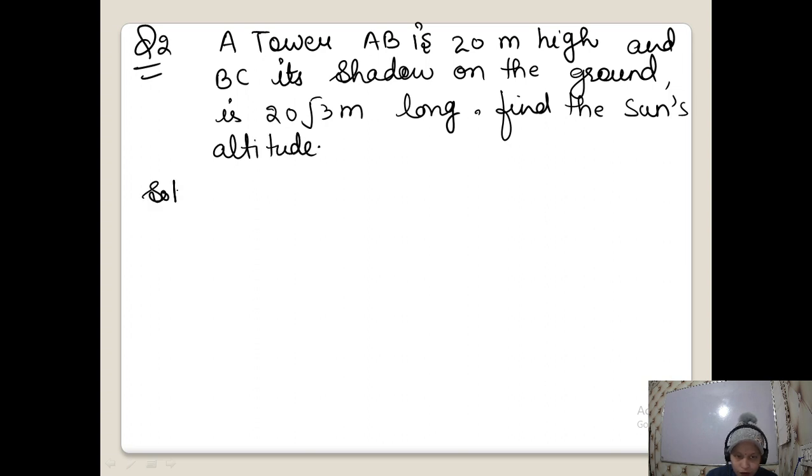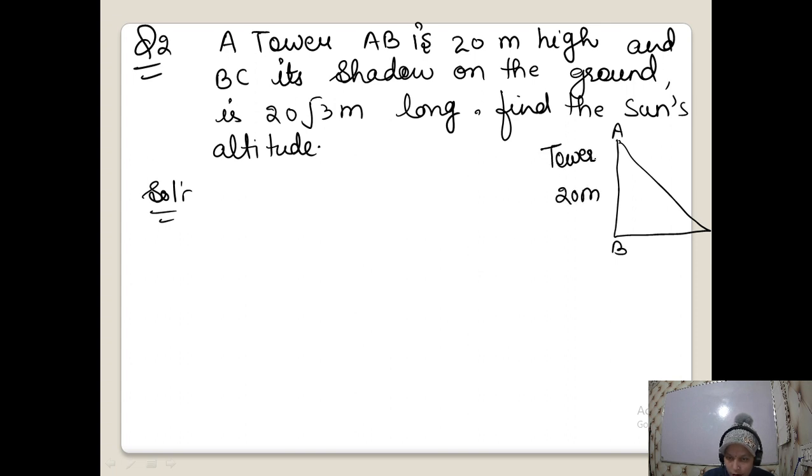For solving this question, first of all draw a figure like this. This AB is 20 meter, that is the tower's height.